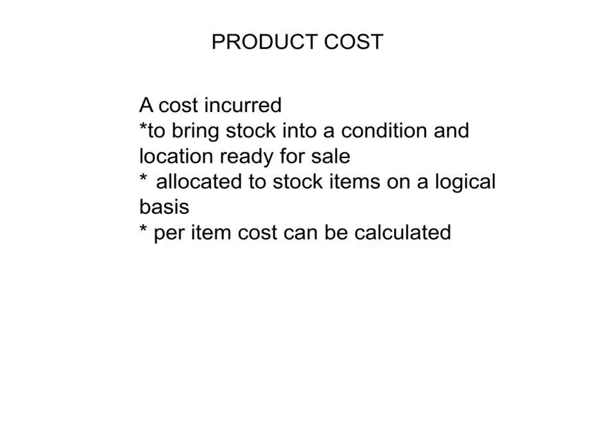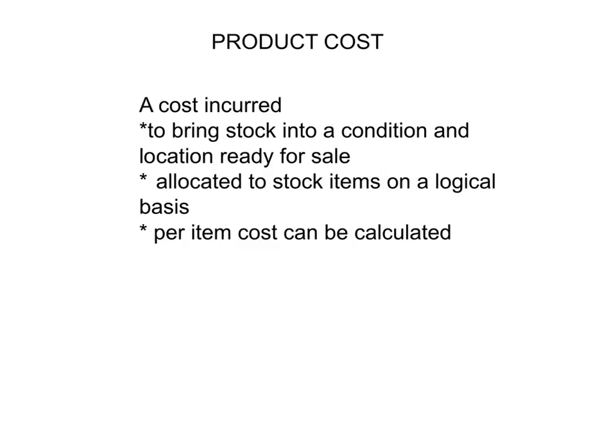Okay, so let's spend a little bit more detail looking at what a product cost is. It is a cost incurred to bring stock into a condition and location ready for sale, and it is allocated to stock items on a logical basis. Each item of stock can have this product cost individually calculated onto it.